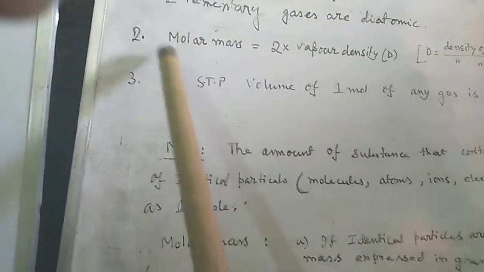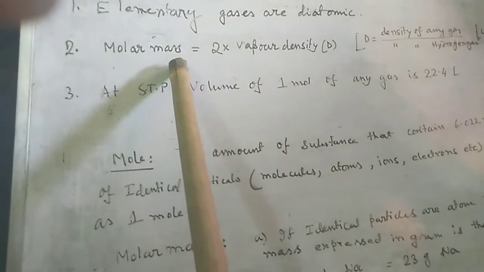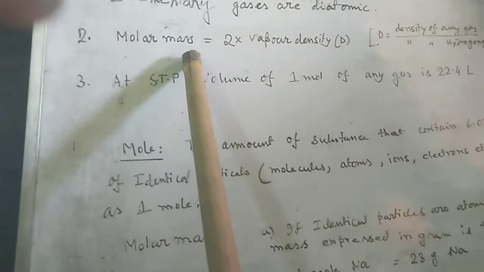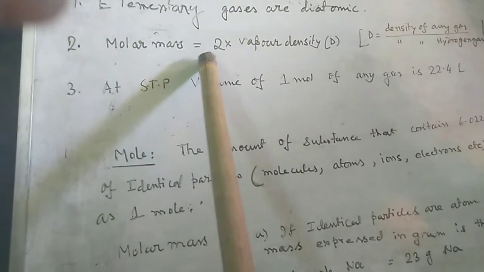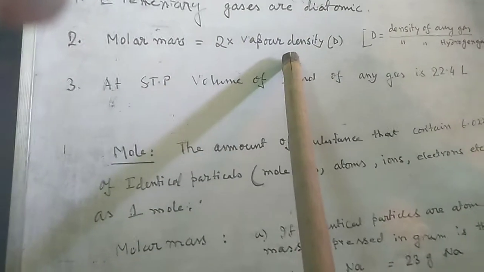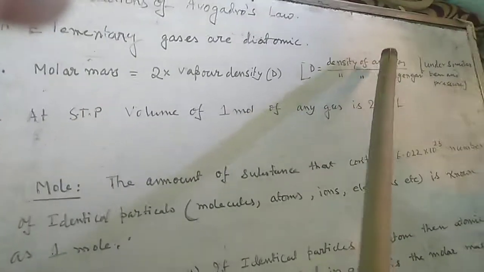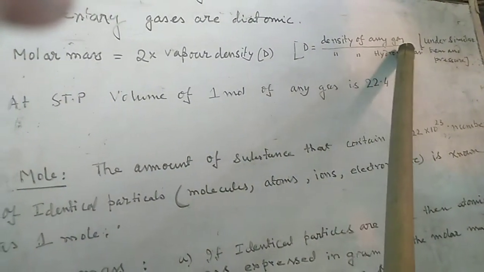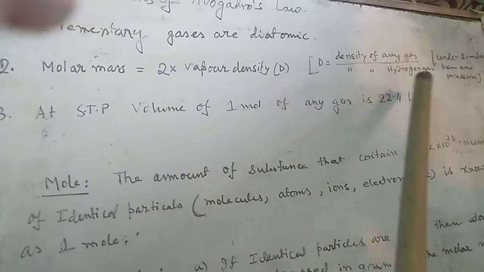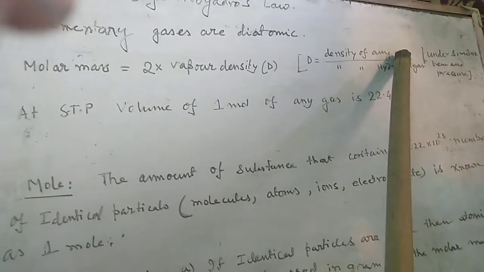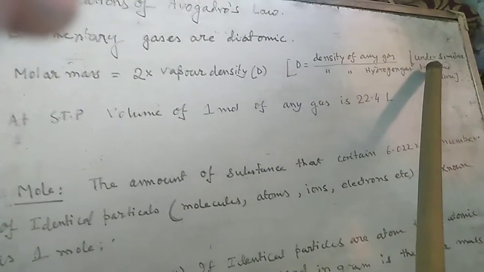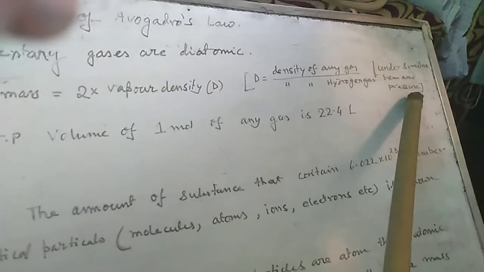The next application is that the molar mass of any substance is equal to 2 times its vapor density. Now what is vapor density? Vapor density is the density of any gas divided by the density of hydrogen gas. Both densities should be taken at similar temperature and pressure.